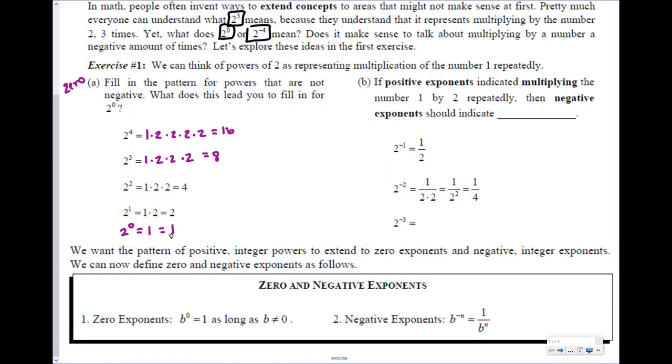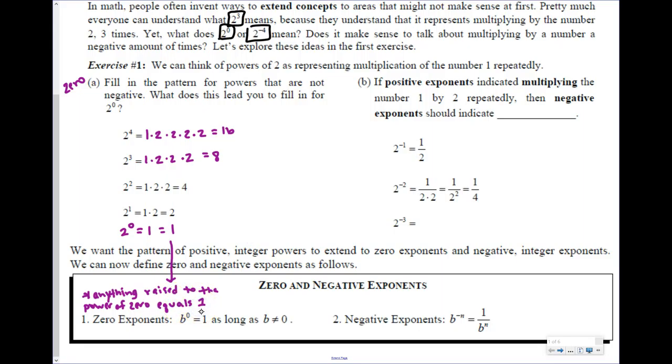So it becomes 1. This leads us to the rule in this box that says zero exponents: b raised to the 0 power equals 1. In other words, anything raised to the power of 0 equals 1.